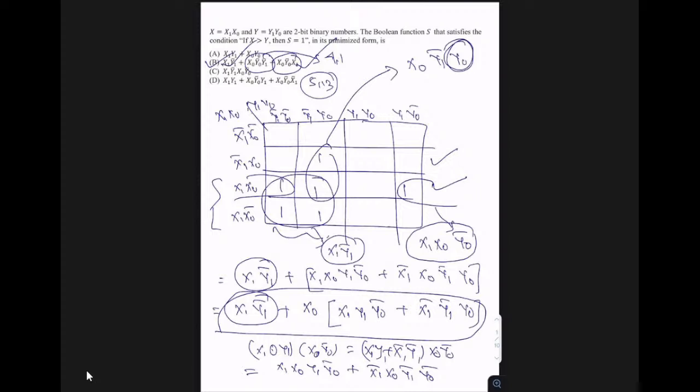So here X1, X0, Y1, Y0 bar. This is X1 bar, X0, Y0 bar, and this is Y0 bar actually, you see. This one you see, this is coming Y0 bar, right? Yes, this is actually Y0 bar.